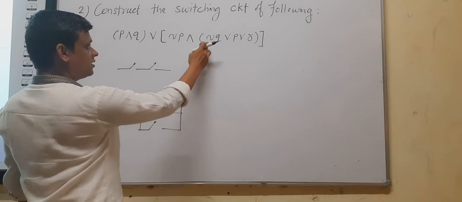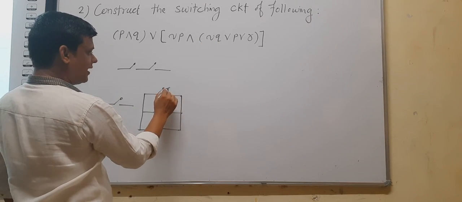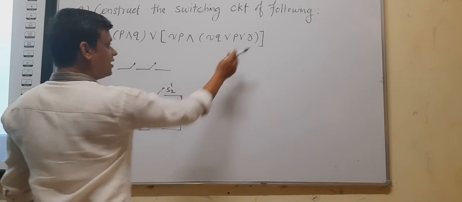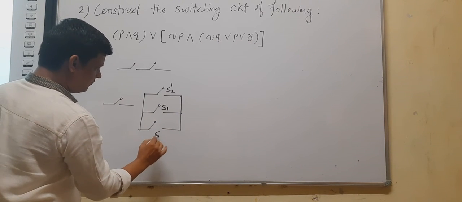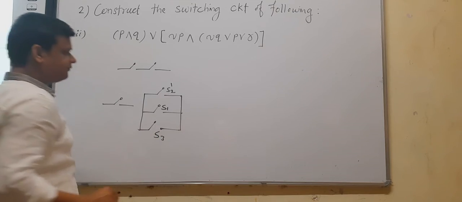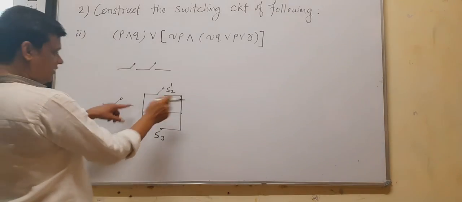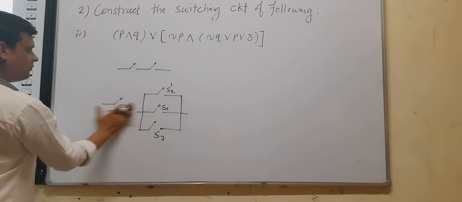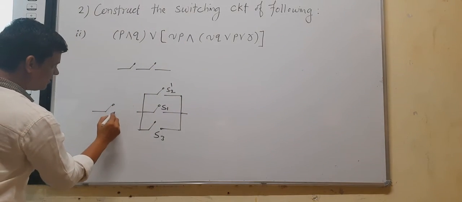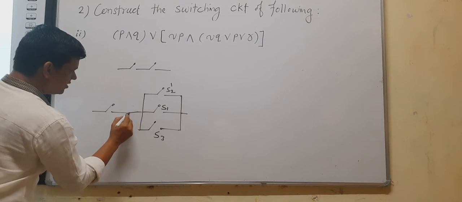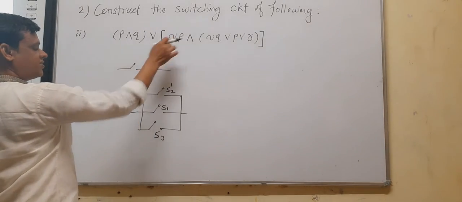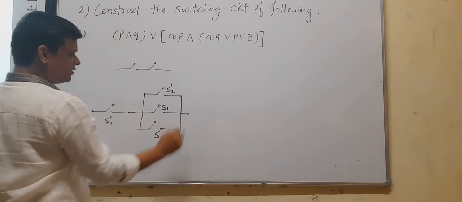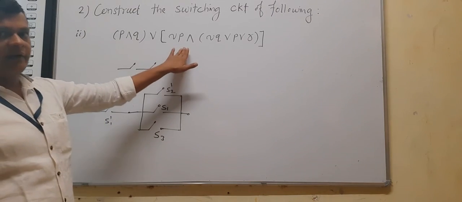We denote this negation Q, so by S2 dash, P means S1, R means S3. Now this circuit is in series combination with negation P. So connect this switch in series combination, denote negation P, that means S1 dash. This is the circuit for this second bracket.